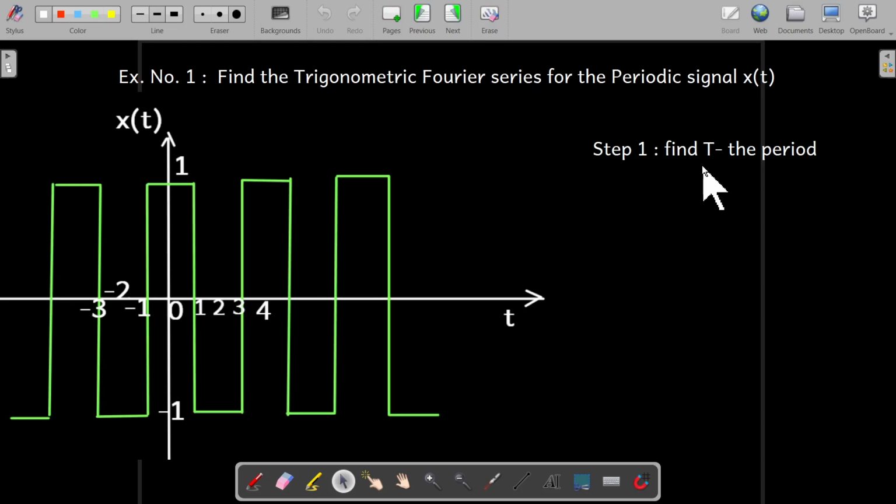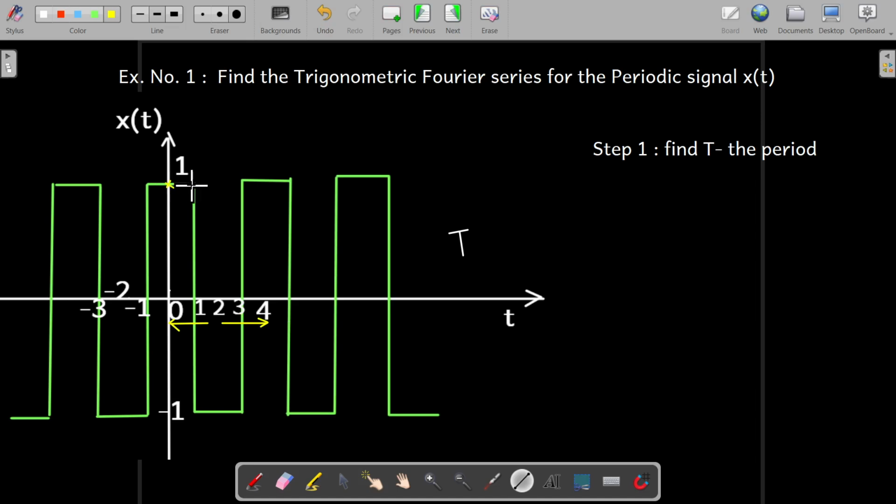It is to find T, the period of the signal. Usually a single period T is marked for a particular pattern, after that it gets repeated. So we usually start from 0, then up to this we have the period.